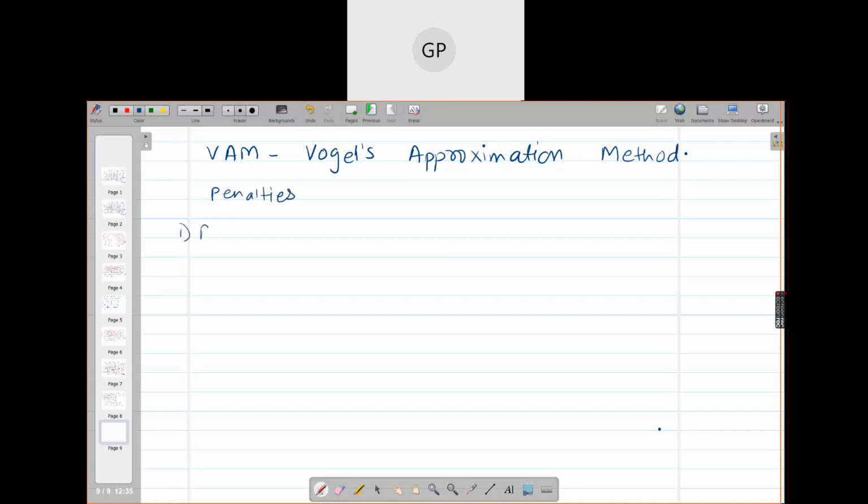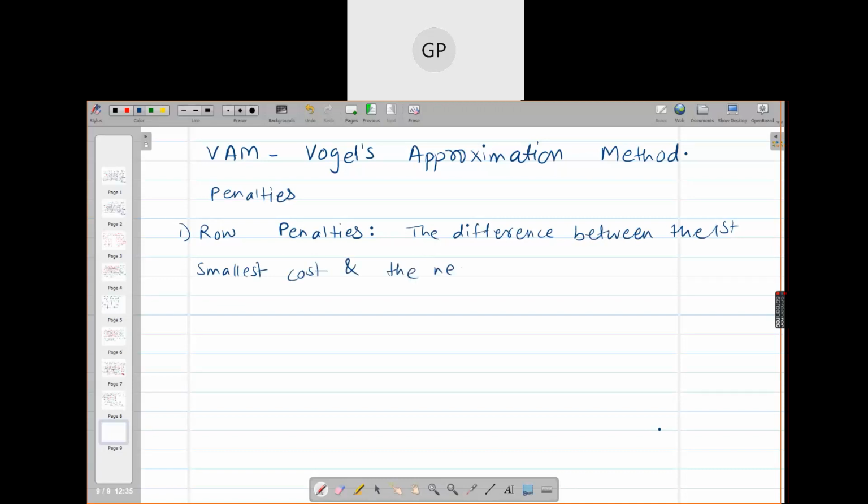There are two types of penalties. Row penalties: the difference between the first smallest cost and the next smallest cost in each row. So for each row we calculate row penalties.